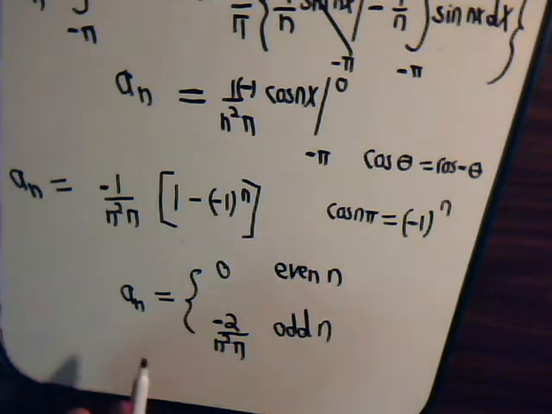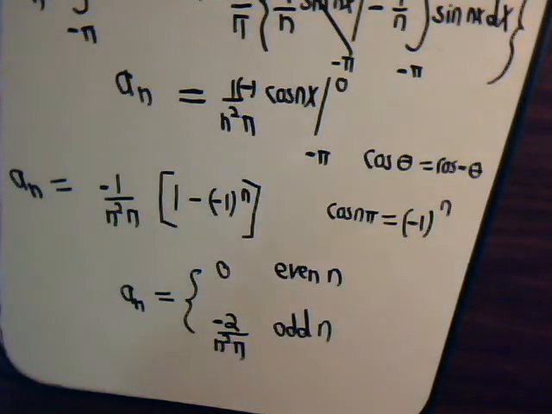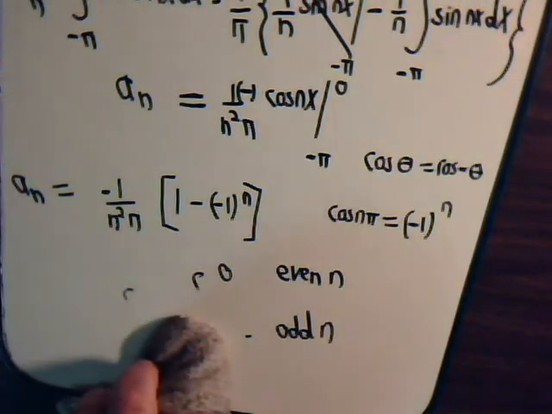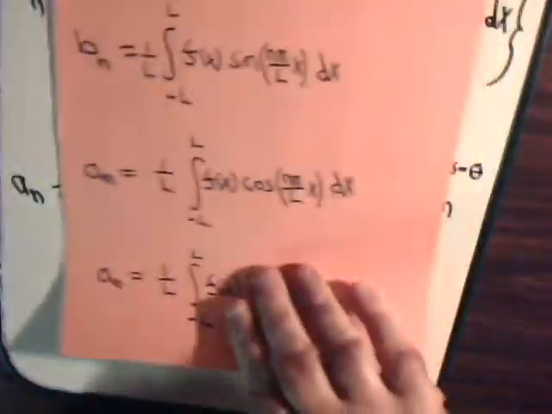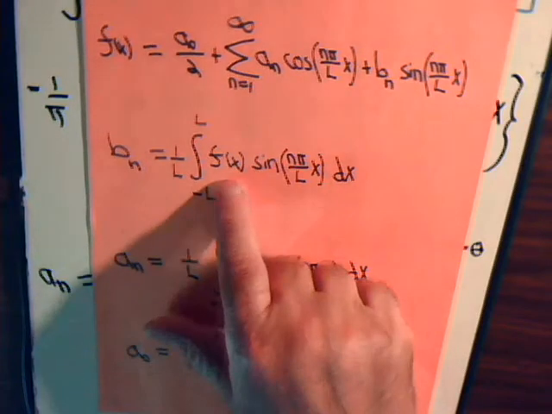So then we determine a sub n, and we already determined what a sub 0 is, so the last part of the puzzle here, a sub 0 is just pi over 2. So now we want to determine what is b sub n. We know this and this, now let's determine this.